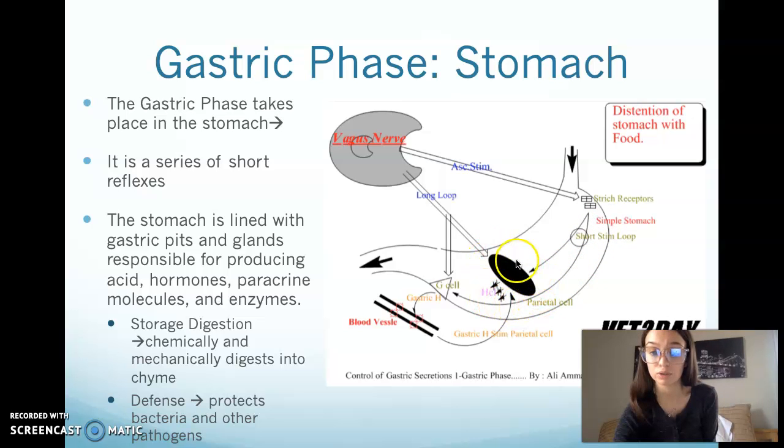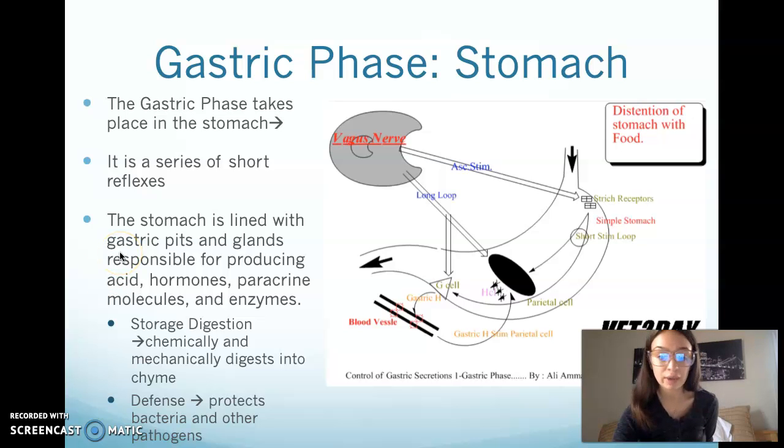This is the bolus right here. And the parietal cell, which is also going to be attacking the bolus in order to start digestion. And then we'll go into detail further of what the parietal cell and the G cell, and everything is used for later in the lecture. The stomach is lined with gastric pits and glands responsible for producing acid, hormones, paracrine molecules, and enzymes.